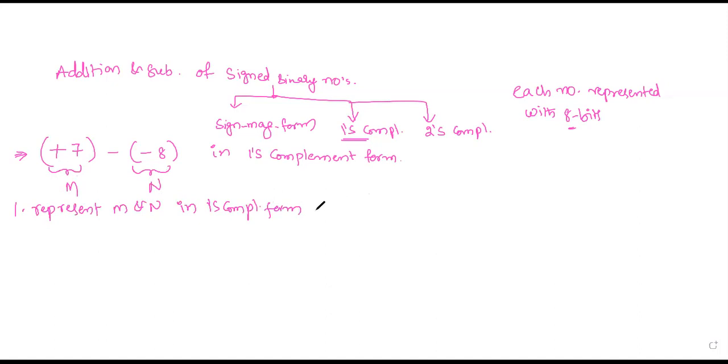Plus 7, you can represent as 0, 0, 0, 0, 1, 1, 1. This is the plus 7. Minus 8. Minus 8 is nothing but one's complement of plus 8.